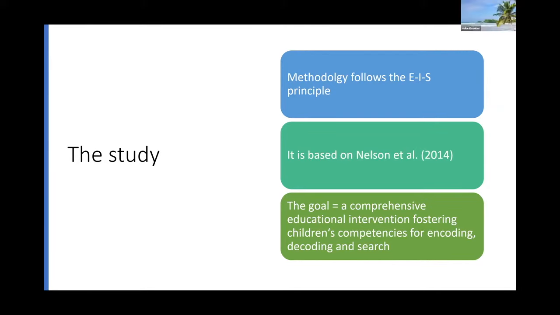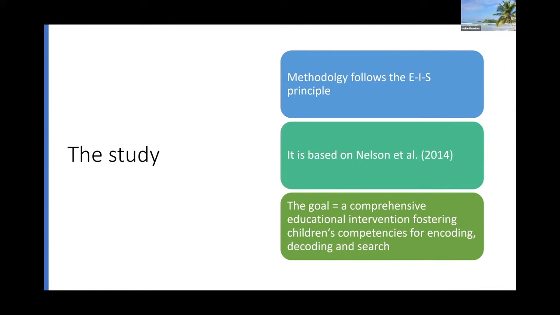It's just hands-on to start. The principle starts with hands-on activities, and before one goes into the iconic or symbolic, theoretical parts behind the hands-on activities. The study is based on the discovery of Nelson, as you already mentioned.